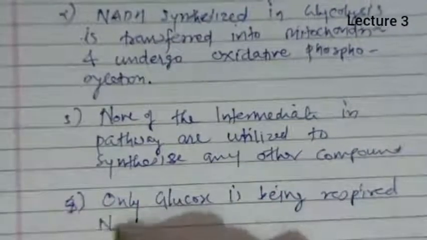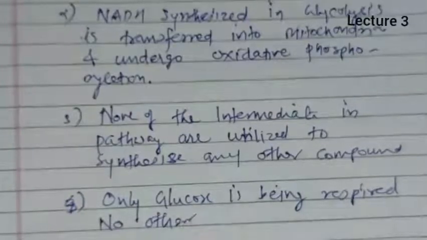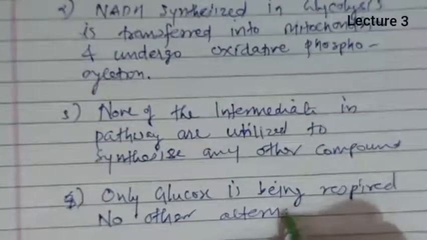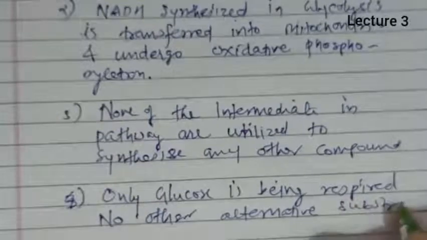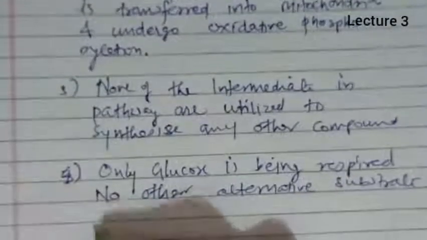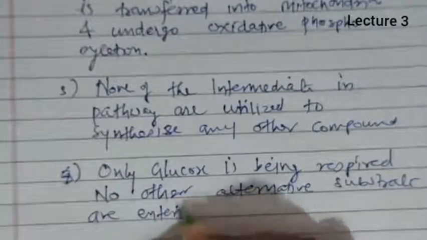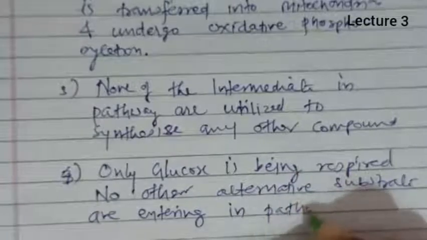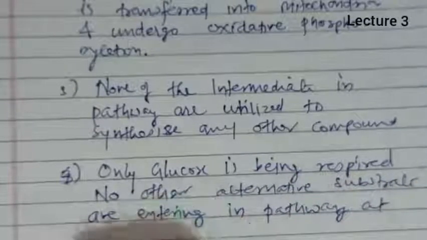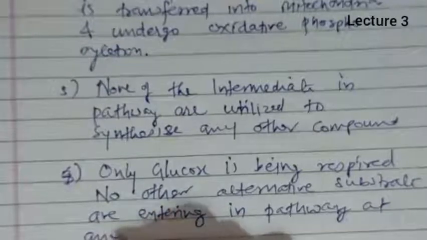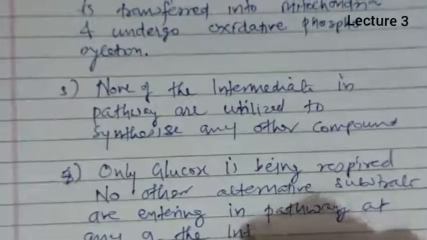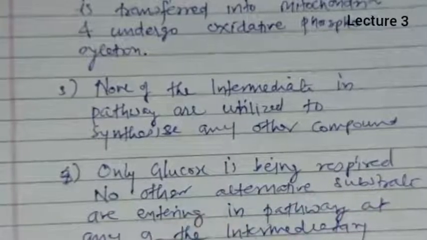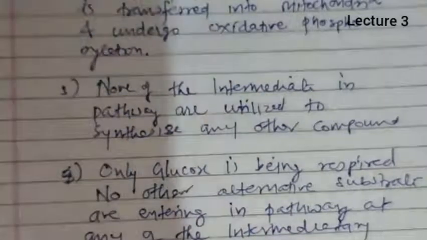No other alternative substrate is entering the pathway at any of the intermediary stages. So these are the assumptions, and only when we consider them can we make this particular calculation.